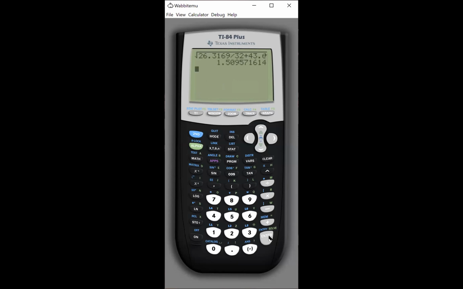If you do that, you get roughly 1.51. So to get our t value, we're going to do the difference, which is 2.83, divided by 1.51. So let's go ahead and do this.